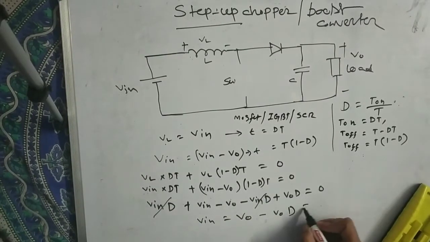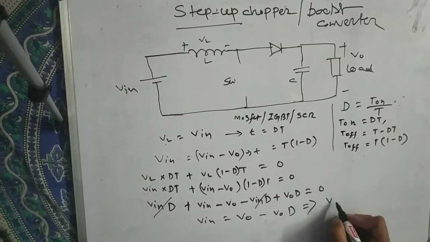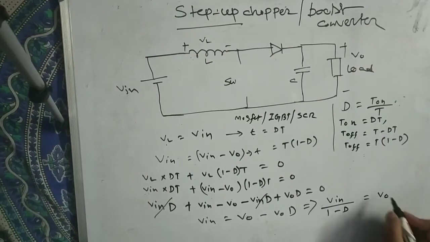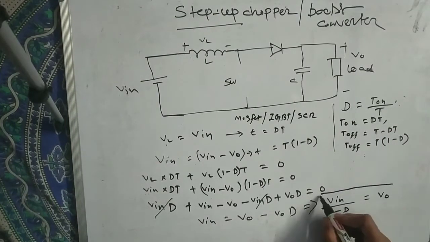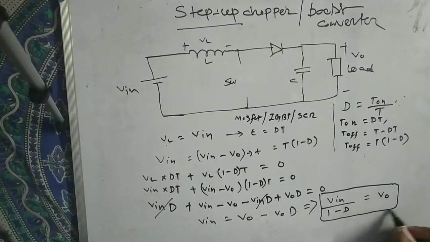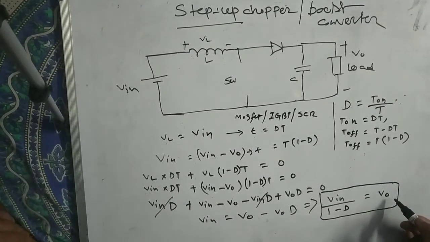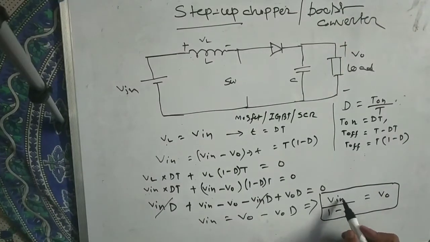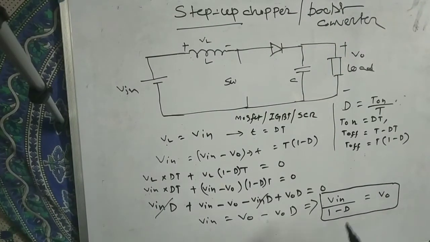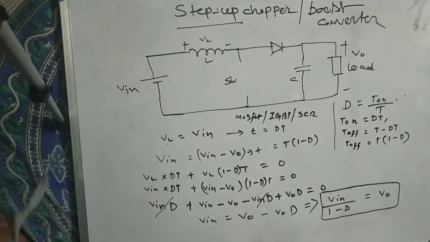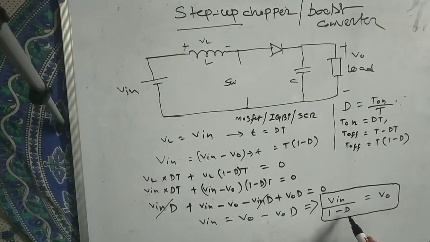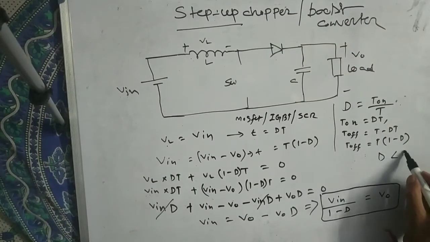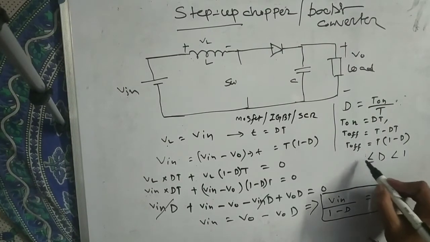So Vin by (1 minus D) equals V0. You have to remember this formula. This is the output voltage of the converter, equal to the input voltage Vin divided by 1 minus the duty ratio. Here we can see the duty ratio, the on time fraction, is always less than 1 and greater than or equal to 0.